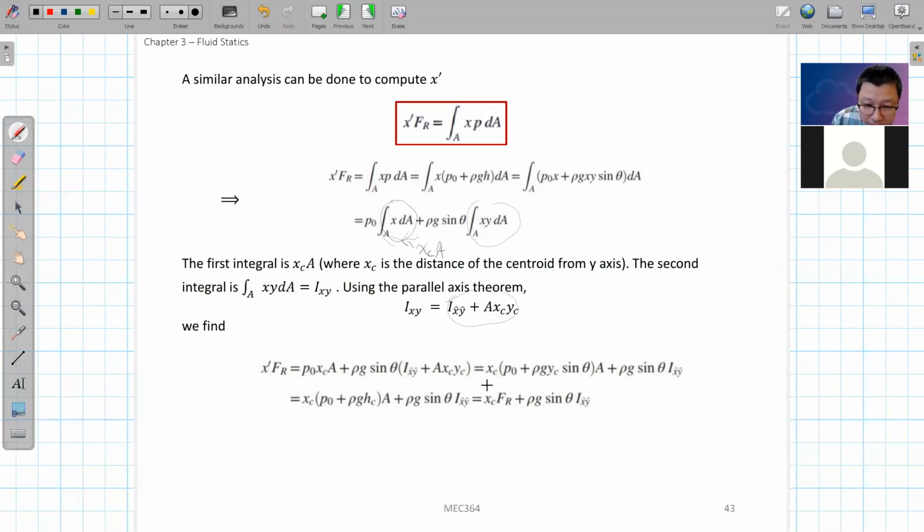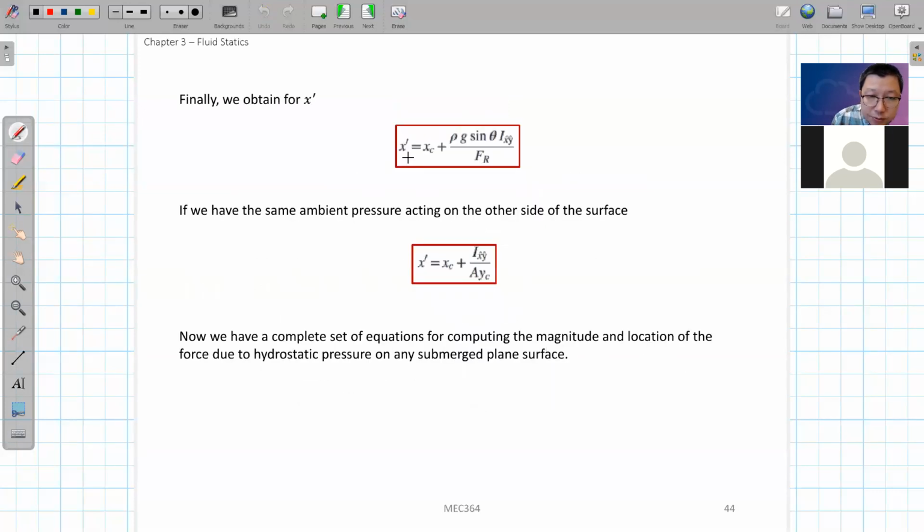Just put it inside and rearrange the terms, and we know that P0 plus rho g hc is basically FR. Go back to FR, and dividing this equation by FR on both sides, we can calculate the x prime value.